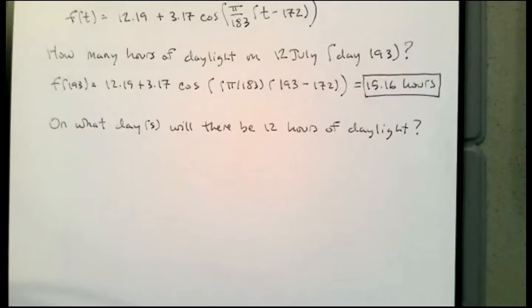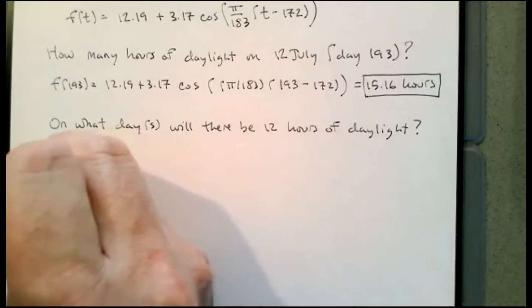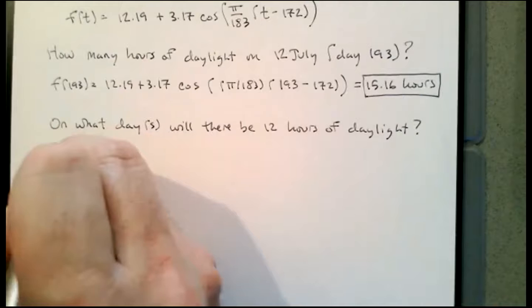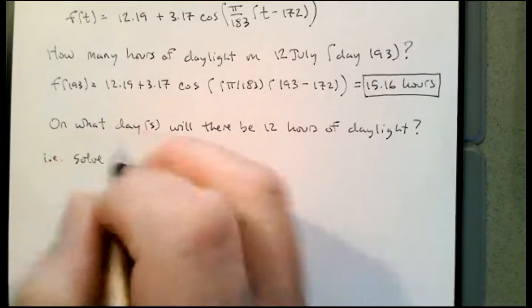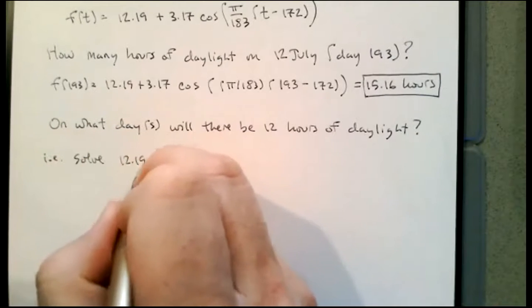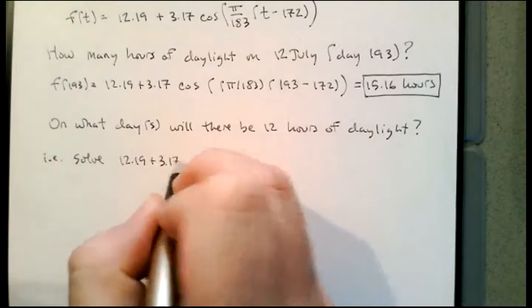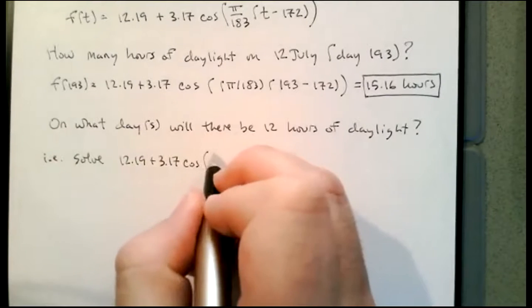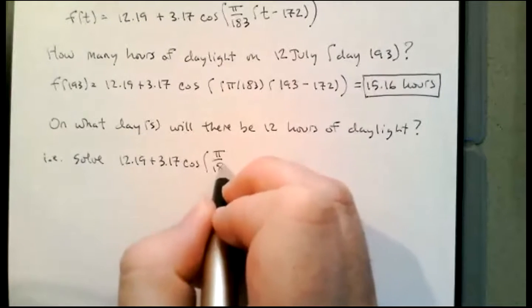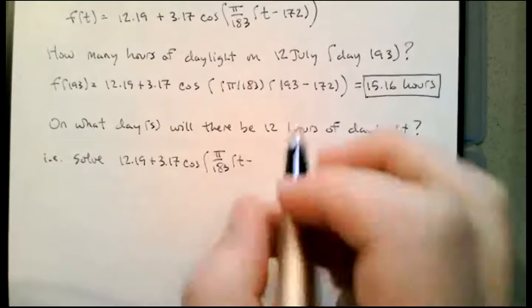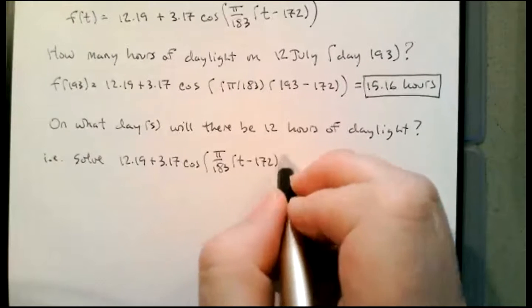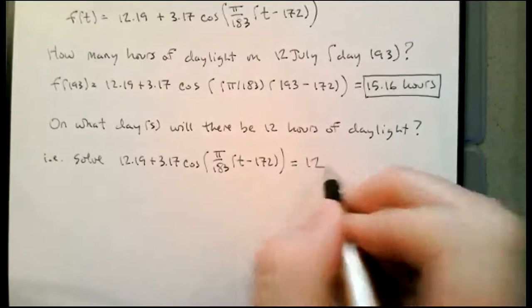So let's figure out on what days there will be 12 hours of daylight. We're solving the equation 12.19 plus 3.17 times the cosine of pi over 183 times (t minus 172) equals 12.